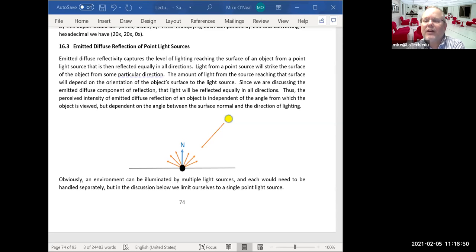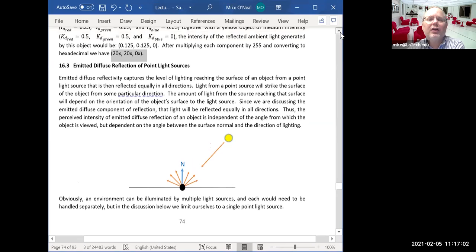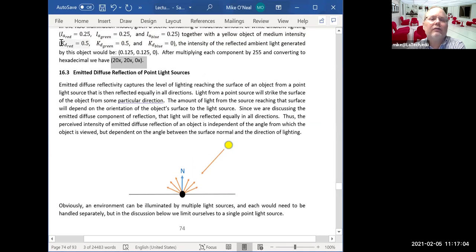KD, the constant of diffuse reflectivity, is given because it's a property of the object. So here I was saying we had a yellow object, so I had to give you the color of the object.